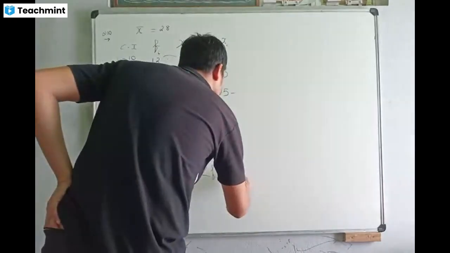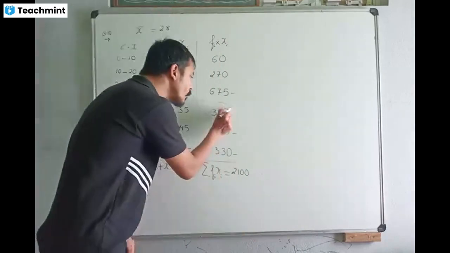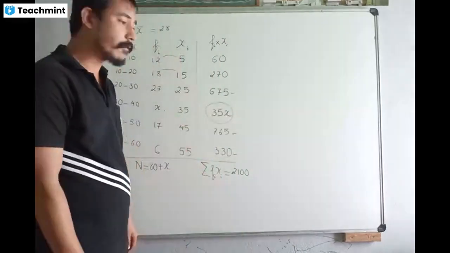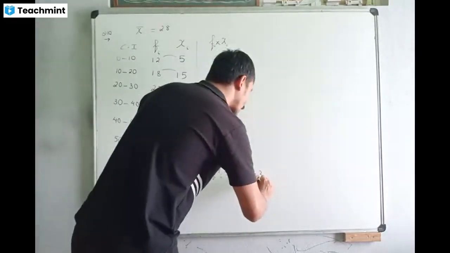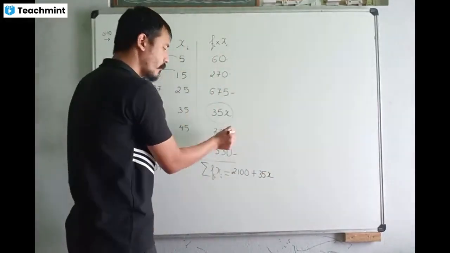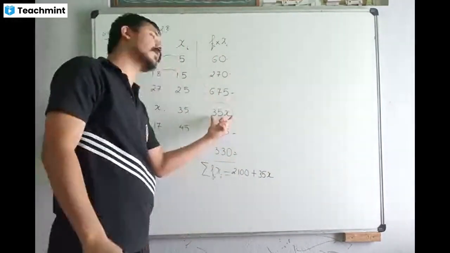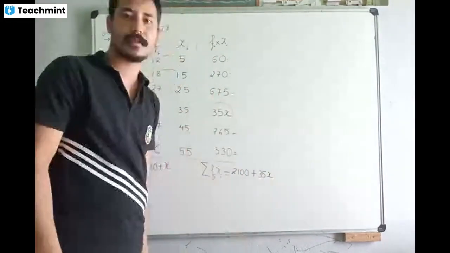So 2,100. But we need to add this also, which we have missed out, so plus 35x. The sum is 2,100, and we need to add 35x.